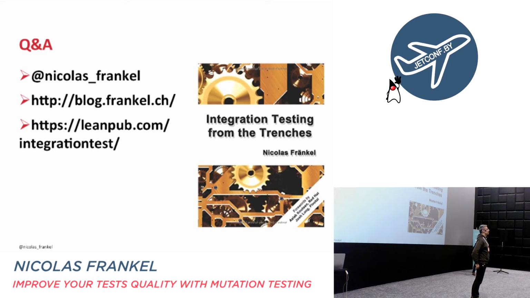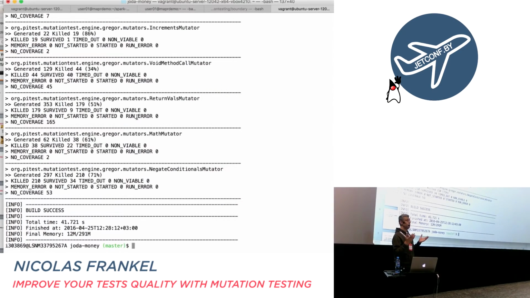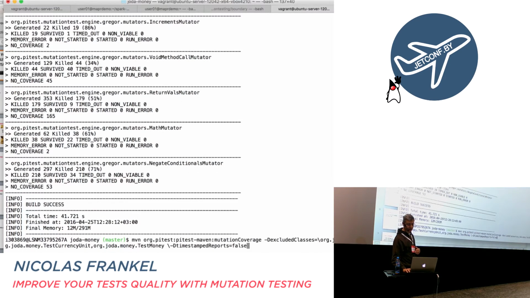The question was also about whether it is possible to configure a set of mutators for a particular test. Yeah, sure. In Maven, you can configure in the POM, but you can also override it, like I did here, with some system property, -D.